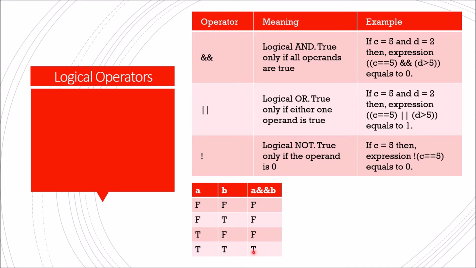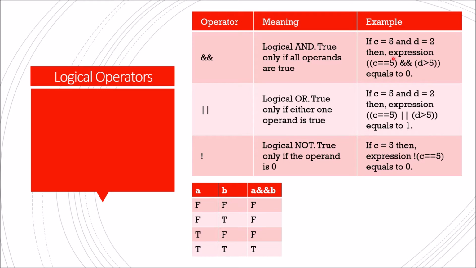So whenever all the operands that are applied this operation of logical AND are true, the returning value will be true. If any of them is false, the final result will be false. Okay, so all of them have to be true to return a value of true.